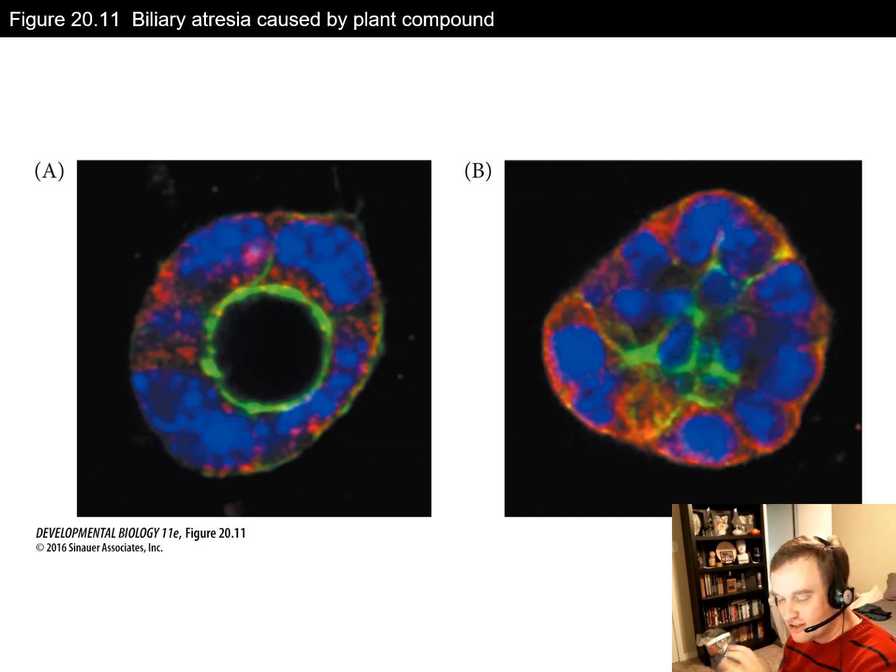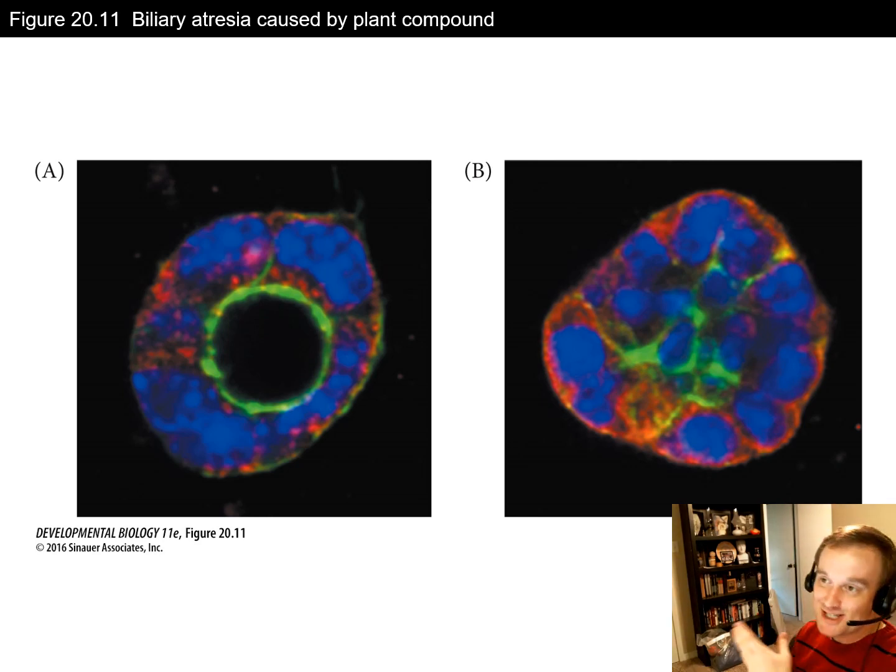It came to light that these cattle were eating a plant called pigweed that was producing a compound called biliatresone, which would alter the lumen in these cells.